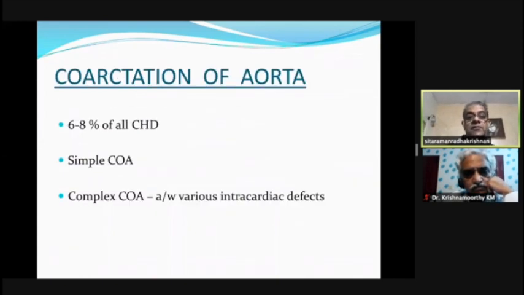Coarctation of aorta, which is the third group of patients who come to you with obstruction, is a very, very difficult subject, even for us, because it is said that no two patients with coarctation will have the same anatomy. There is a saying that coarctation can never be cured, it can only be repaired.